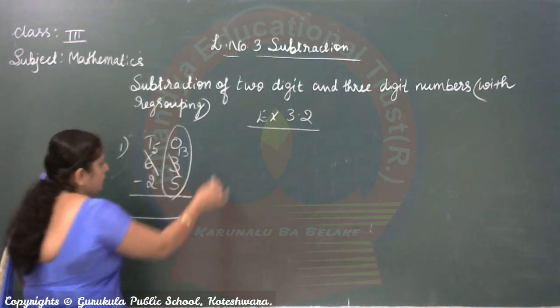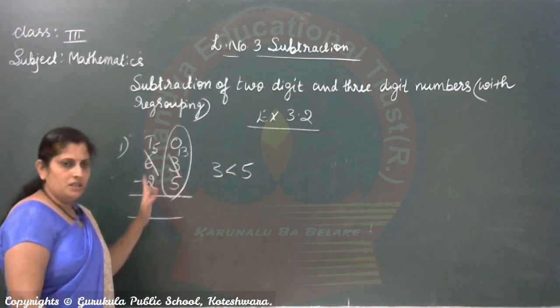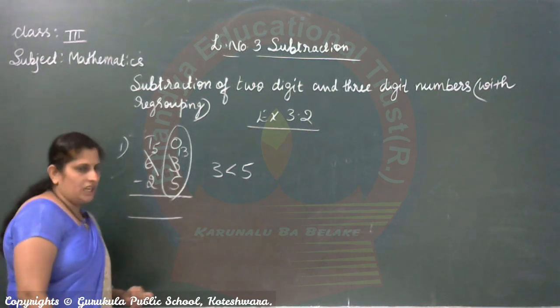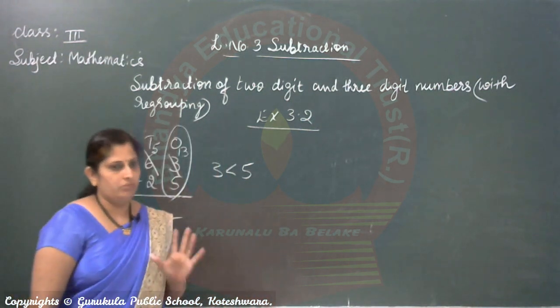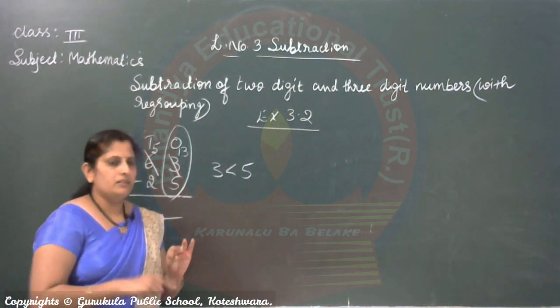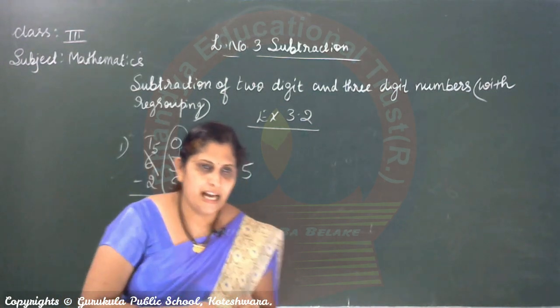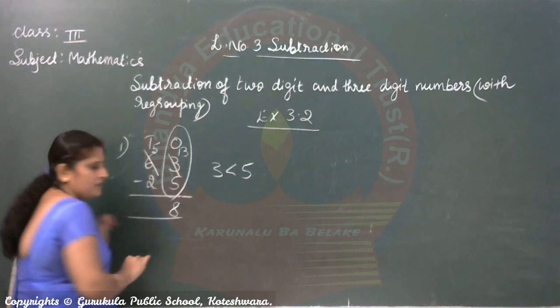Here 3 is less than 5, so we have to borrow. 13 in your mind, 5 in your hand. Before 13: 12, 11, 10, 9, 8. So in the ones place, 8.